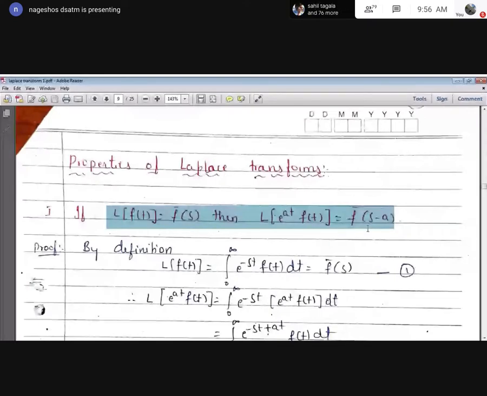Proof is not there. Just remember the properties.